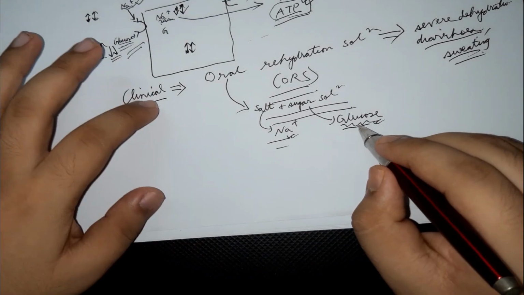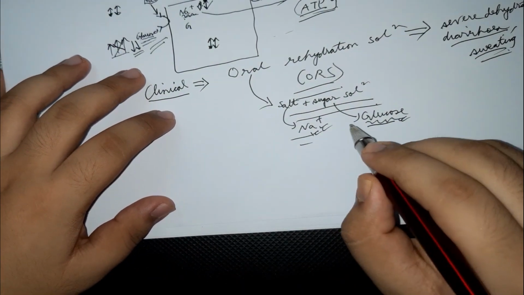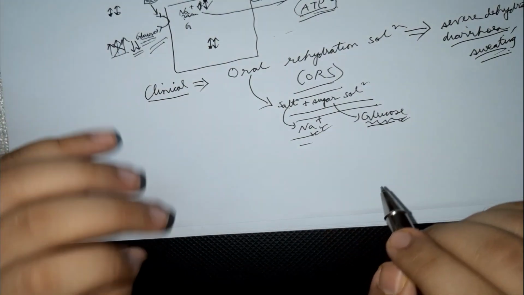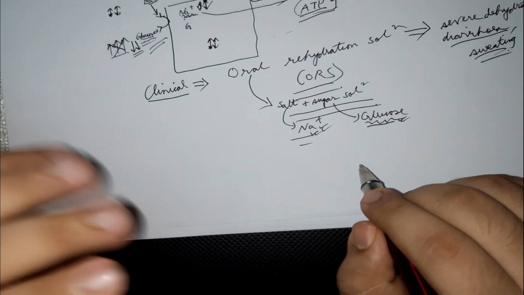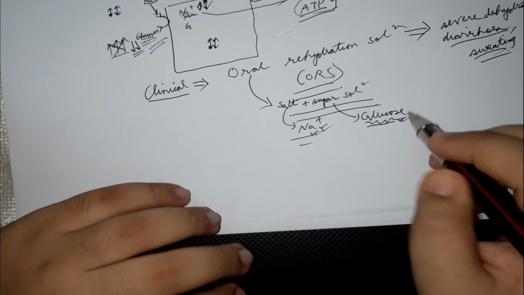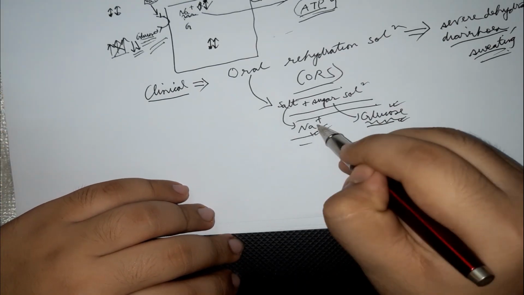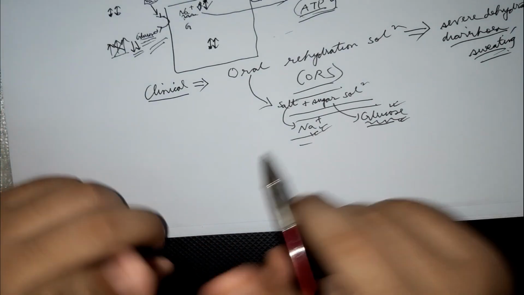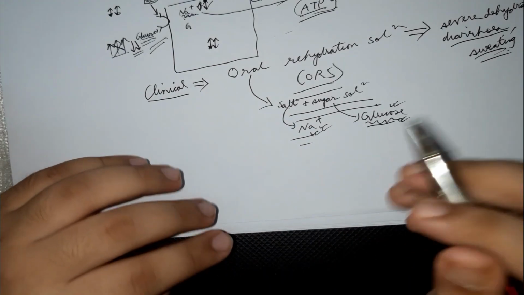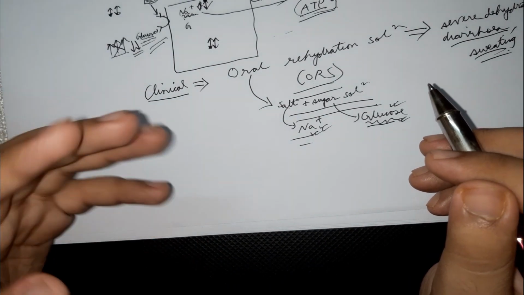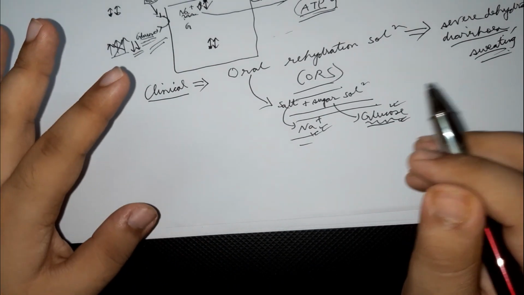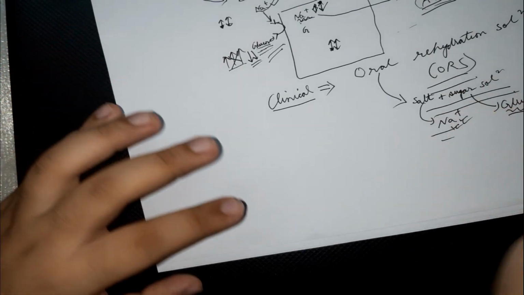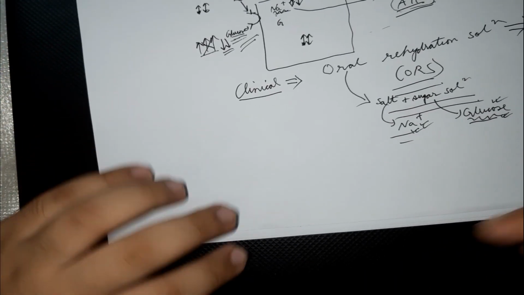And since glucose is co-transported with sodium, sodium is also absorbed by the cells. So co-transport of glucose and sodium by the SGLUT system is utilized by ORS, and hence the sodium concentration of the body is restored. It's an important thing. I hope you understood this.